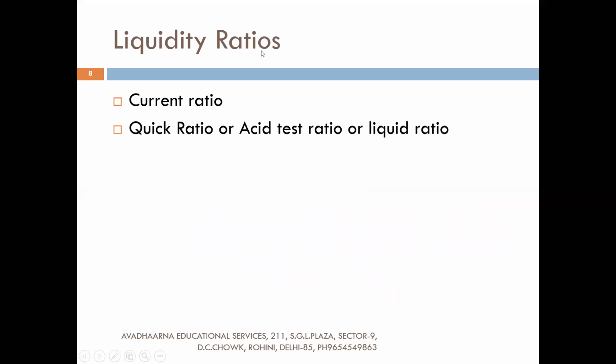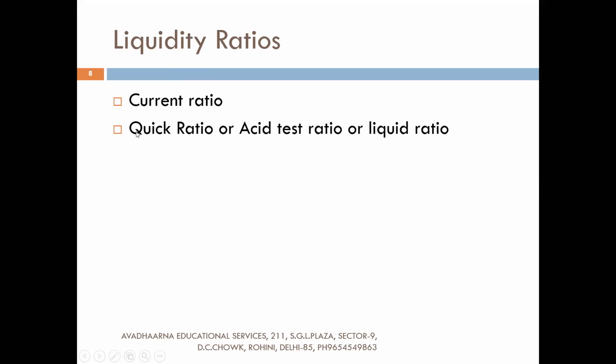Now the various types of liquidity ratios which we'll be learning are: first liquidity ratio is current ratio, second is quick ratio. The other name for quick ratio is acid test ratio or liquid ratio. So if you come across these terms, quick ratio, acid test ratio, or liquid ratio, they are one and the same thing.